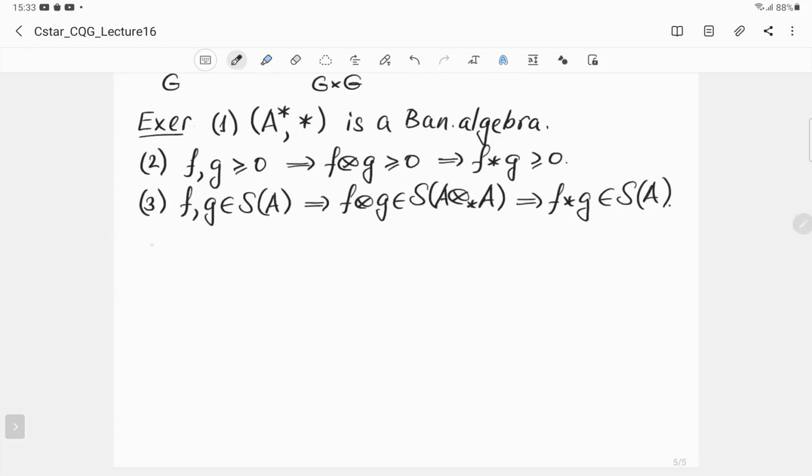Now we have the following useful criterion for left invariance or right invariance in terms of convolutions. As before, we suppose that A is a compact quantum group and h is a positive linear functional on A. Then the following conditions are equivalent.